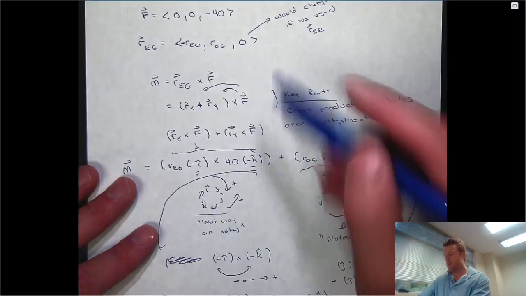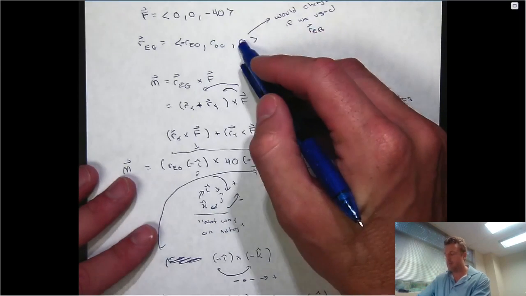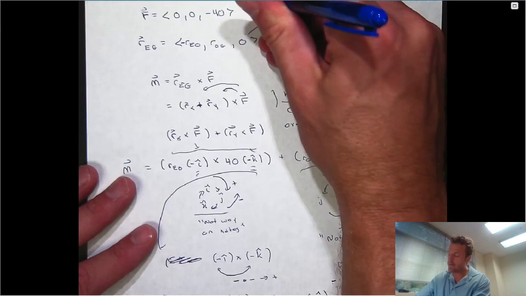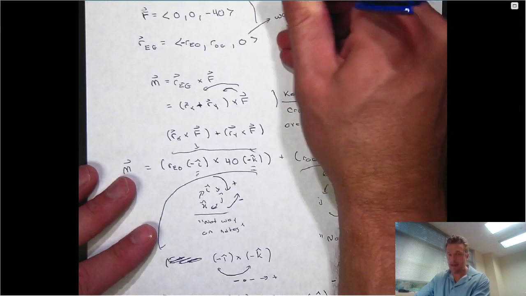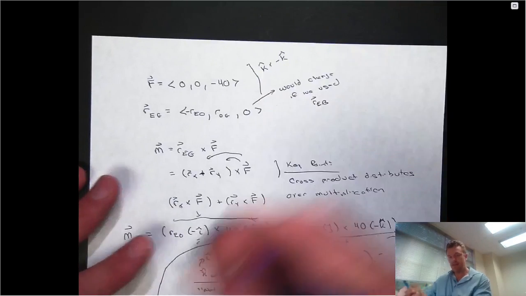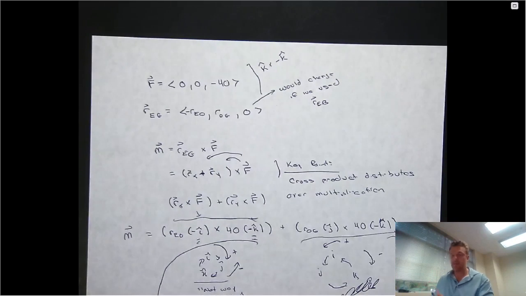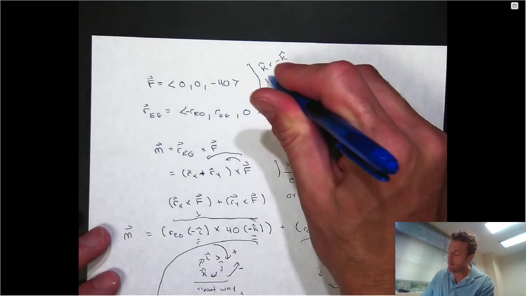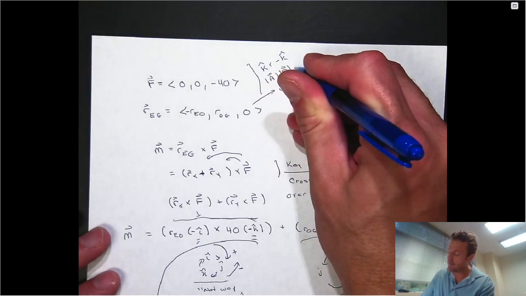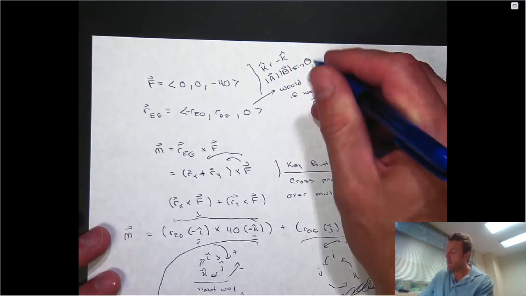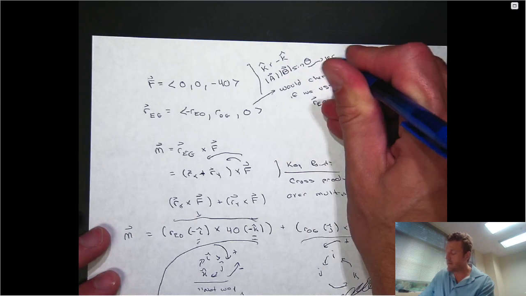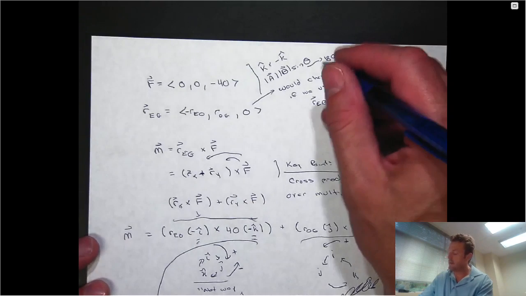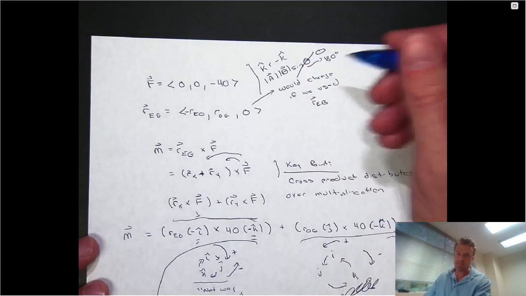If you had a component here, you would have had an additional term in this cross product related to k hat cross negative k hat. Notice that since k hat and minus k hat are parallel to one another, the definition of the cross product, which is the magnitude of the two vectors multiplied by each other times the sine of the angle in between, becomes zero when the angle is 180 degrees, since the sine of 180 degrees is 0.